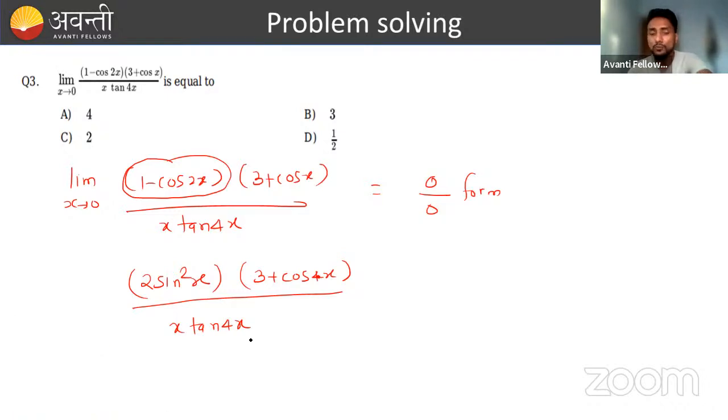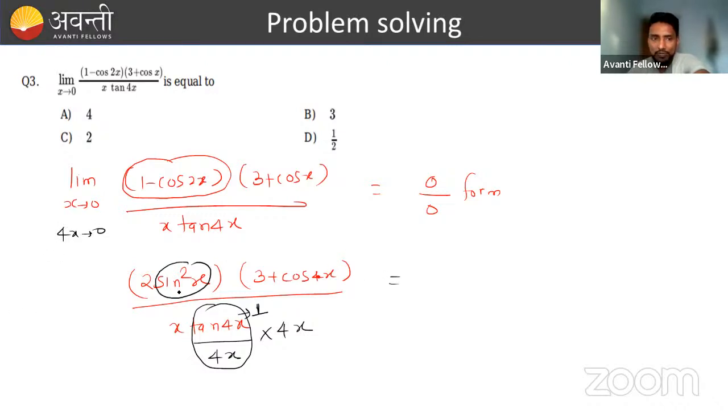So what will we do here? This is tan 4x. Can I write like this, tan 4x by 4x into 4x? For this it will become 1, because if x tends to 0, then 4x is also tending to 0.